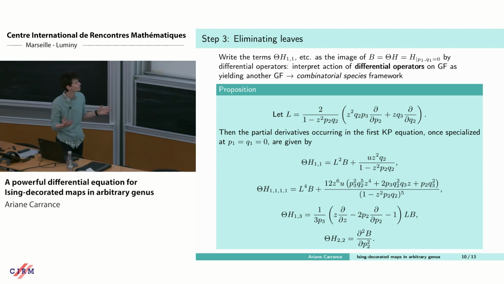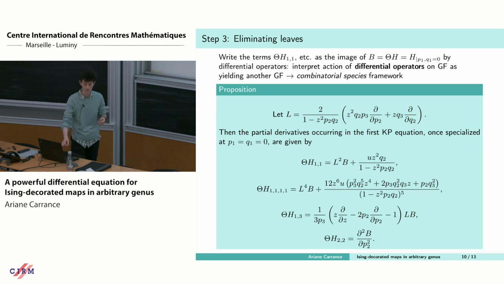So let me just illustrate this claim with the first term. So here we derive twice with respect to P1 that enumerates white vertices of degree 1. And then we apply theta, so we specialize P1 and Q1 to 0.